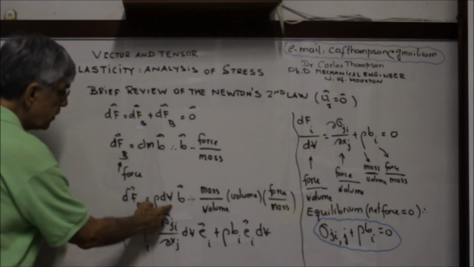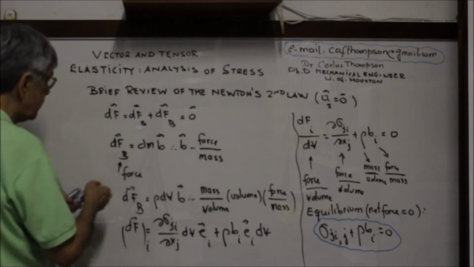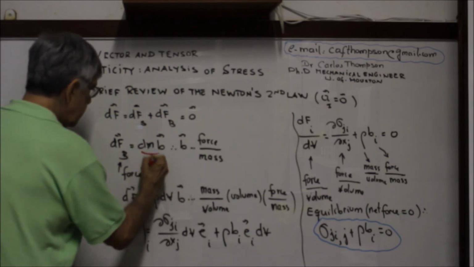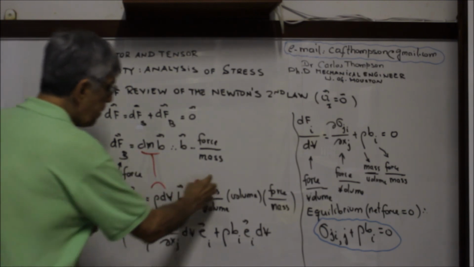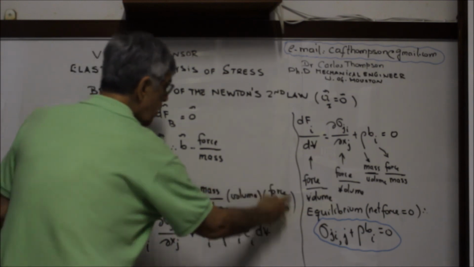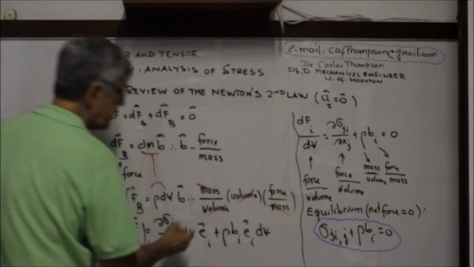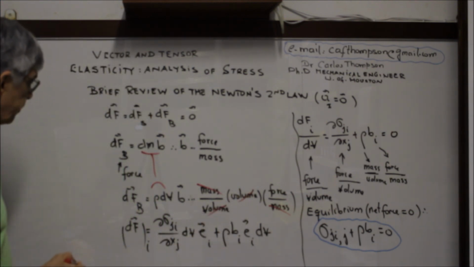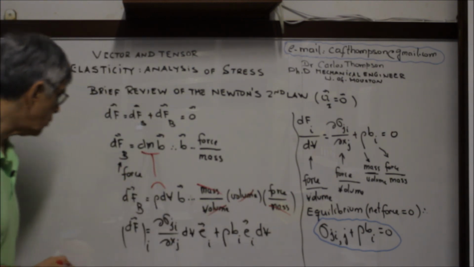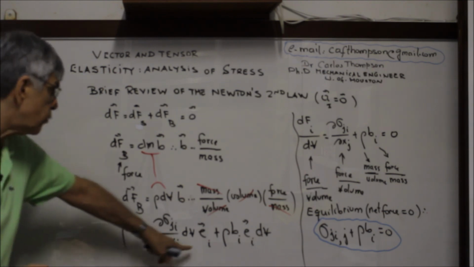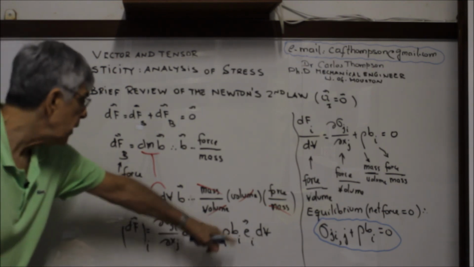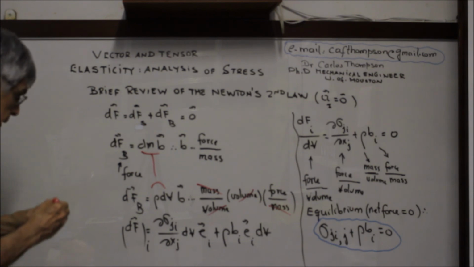Now dFb is rho b dV, because dm is rho dV. Mass by volume times force by mass, so you cancel mass here, you cancel volume here, so this is force. Now you write dFi in vector form, with rho bi ei.